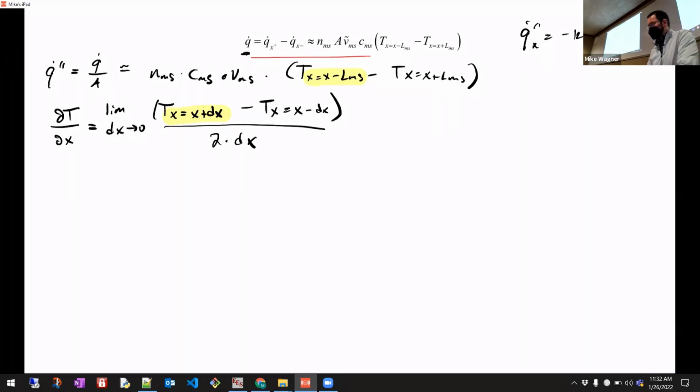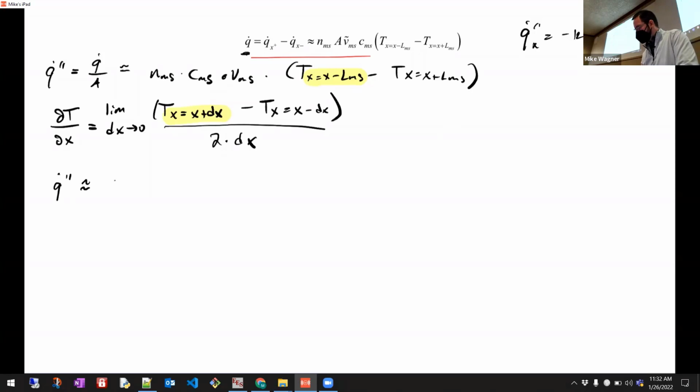Okay, well, let's try to use this. So let's make our heat flux equation look more like this derivative. So what we can do is we're going to say q double dot prime is approximately equal to, let's multiply and divide by the distance so that we're multiplying by 1 effectively, but we can get distance in the denominator.